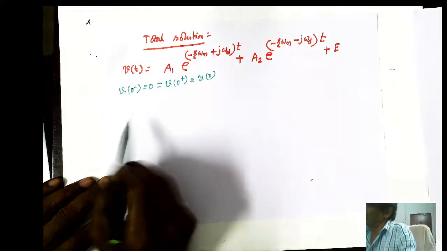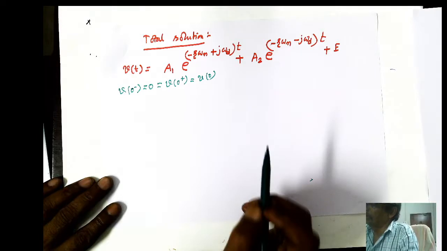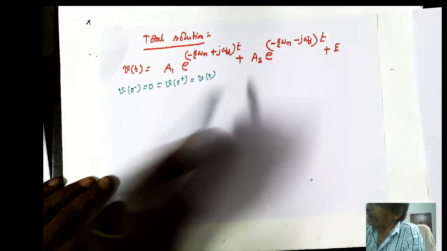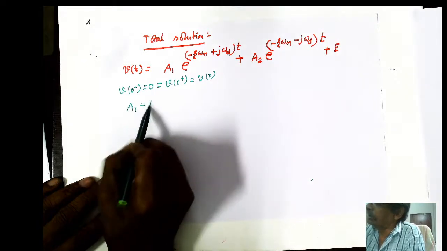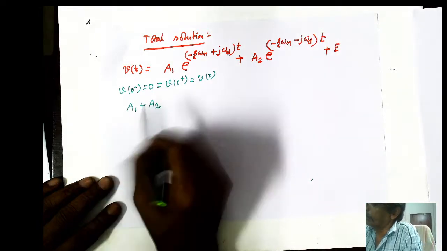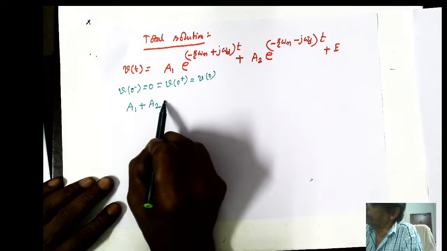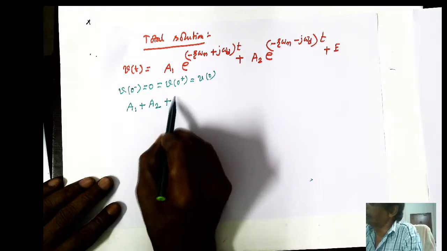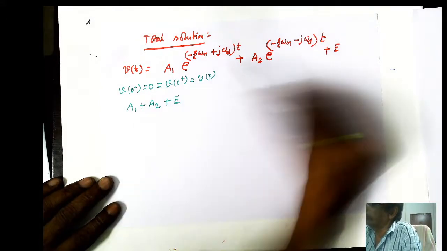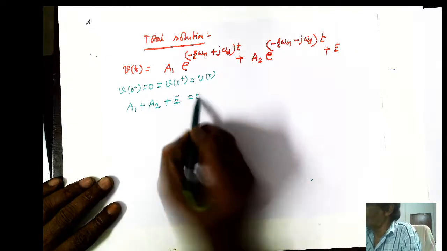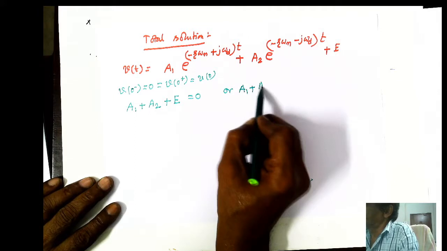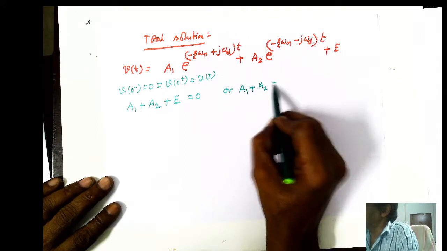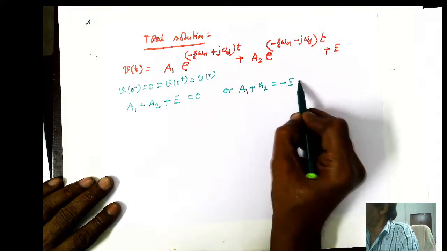And V0 is 0, therefore I will say that A1 plus A2 plus E, put t equal to 0 on the right hand side, that is equal to 0, or A1 plus A2 will be equal to minus E. This is equation 1.